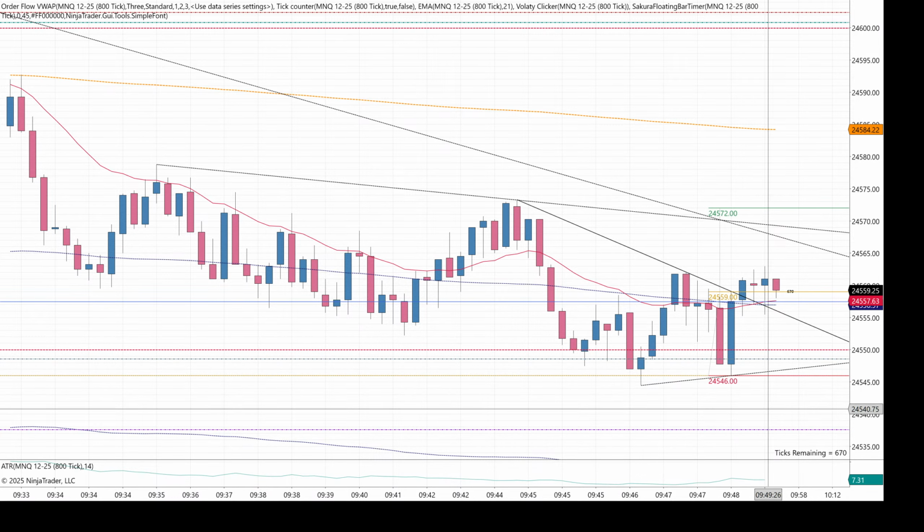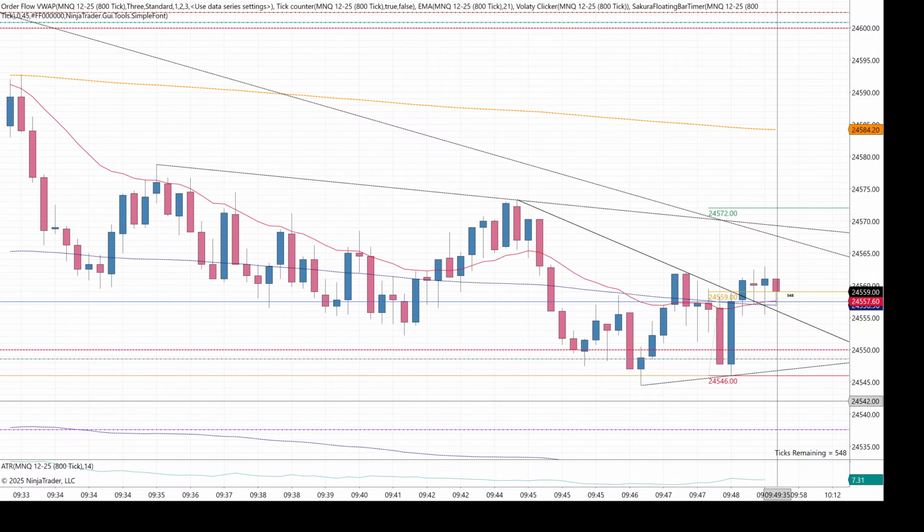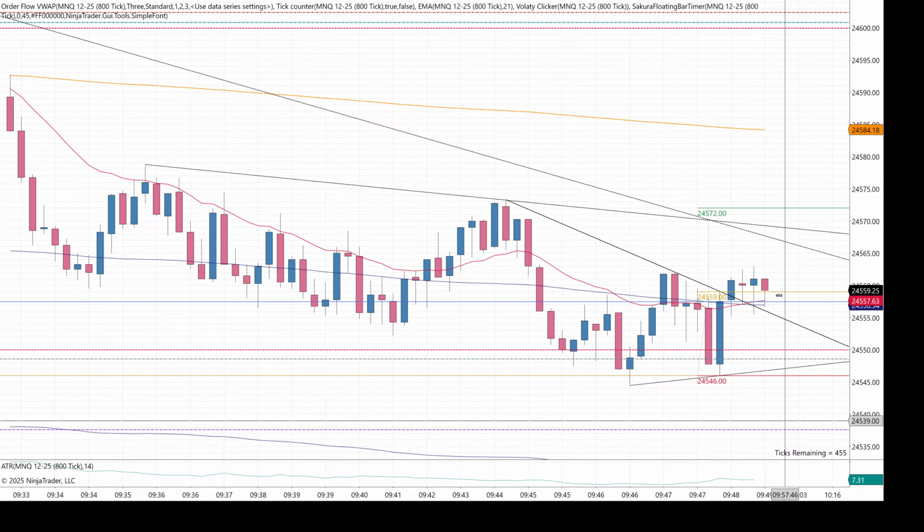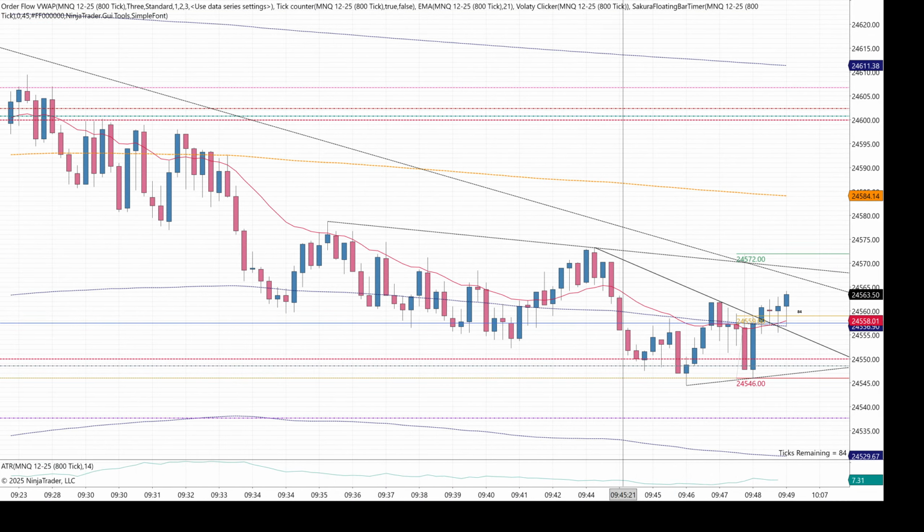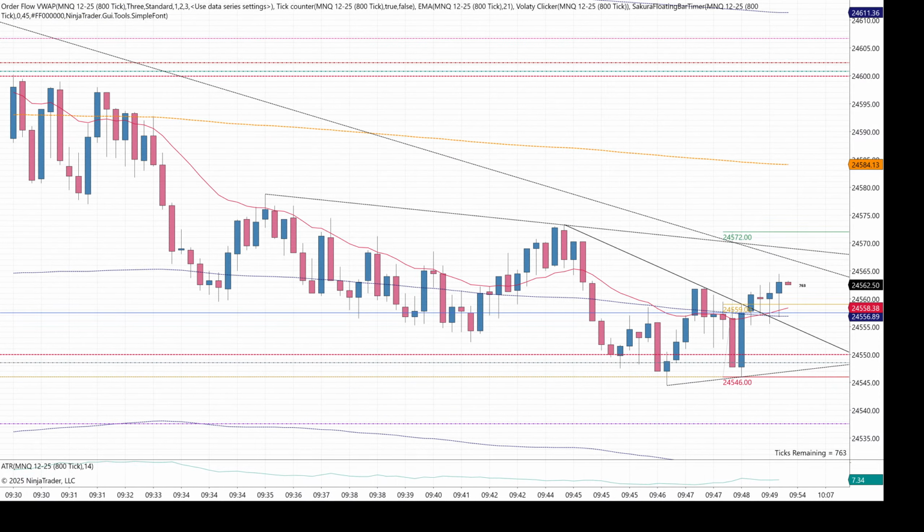Yeah, I try to be more conservative with my targets because this is a tick chart. Oh, well, that stinks. I'm sorry. I've had that happen to me before.